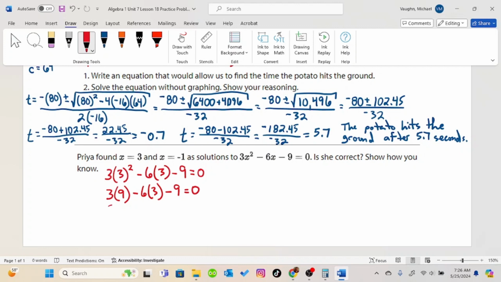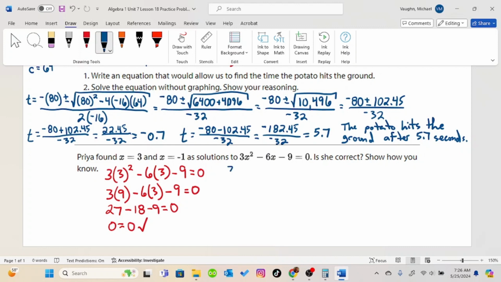Three times 9 is 27. Negative 6 times 3 is negative 18. And now 27 minus 18 is 9, and 9 minus 9 is 0. It's a true statement, so 3 is a solution.